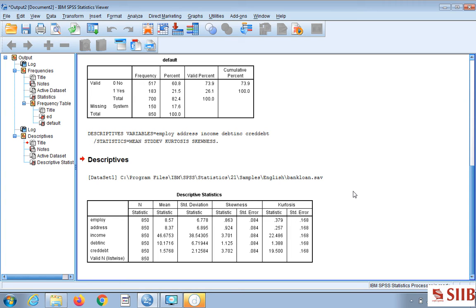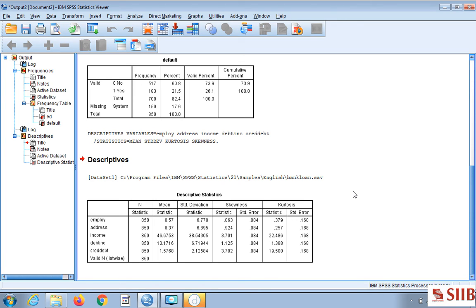Normally you don't expect these three measures to be equal for any data. If they are, then you don't have skewness, meaning that the data is symmetric. So lack of symmetry is called skewness. If you have symmetrical data, then there is no skewness in it.